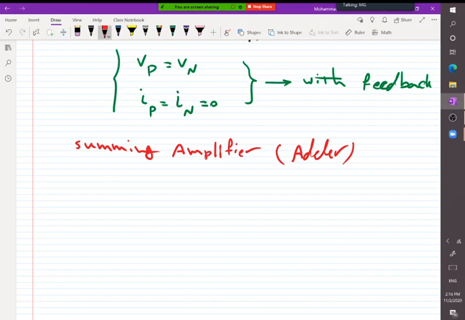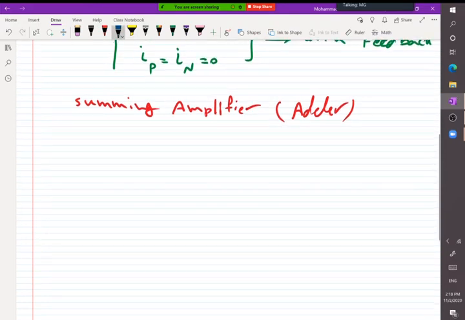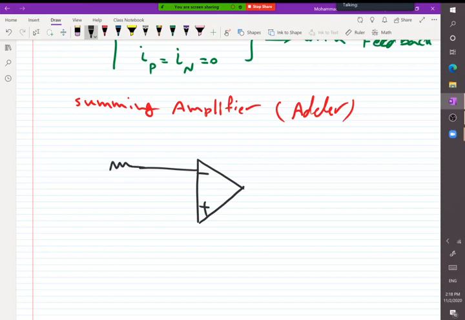Here is the circuit for an adder. We have an op-amp, inverting, non-inverting, resistor R1, resistor R2.